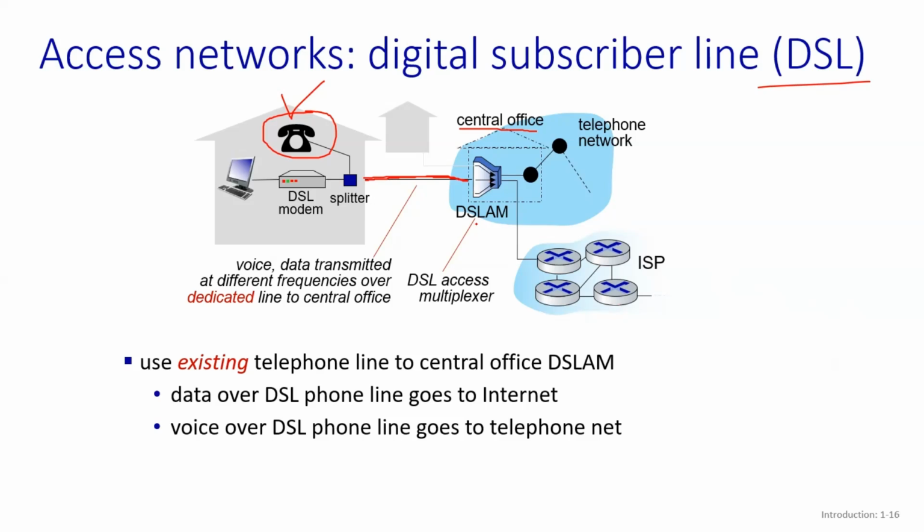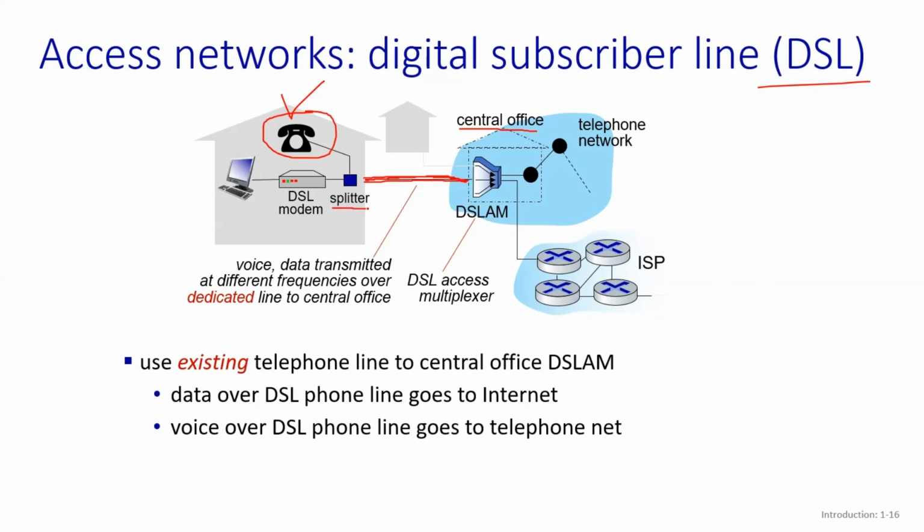DSLAM stands for Digital Subscriber Line Access Multiplexer. So what is the job of this DSLAM? As we have already discussed, the same telephone cable is used to transmit both the data and the telephone signals. So at our homes, we have the splitter.